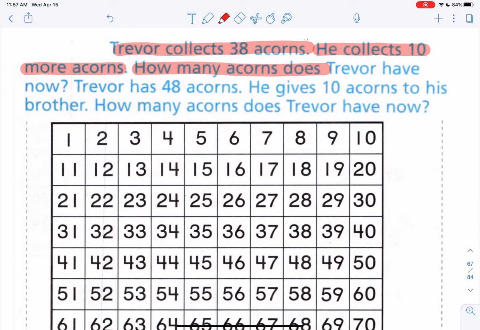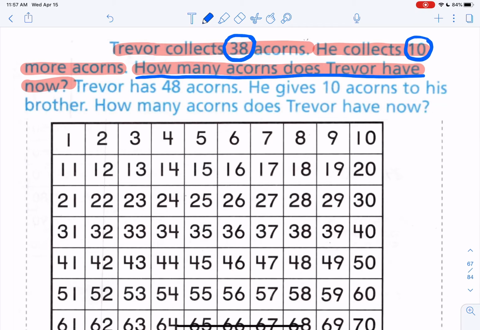How many acorns does Trevor have now? Okay, so let's look for the important numbers. We've got 38 and 10. And the question is, how many acorns does Trevor have now?